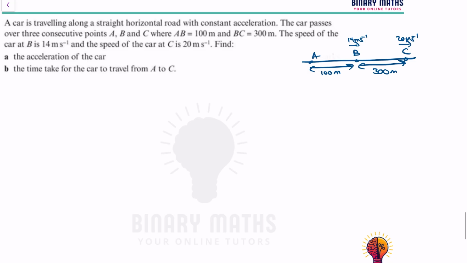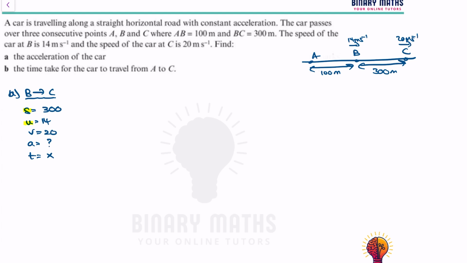Now, because we have the speed at B and C, we look at the journey from B to C only when we're setting up SUVAT. Okay, so it's a journey from B to C. We know the displacement is 300. The initial speed is 14. The final speed is 20. Acceleration is what we're trying to find. We don't know the time.